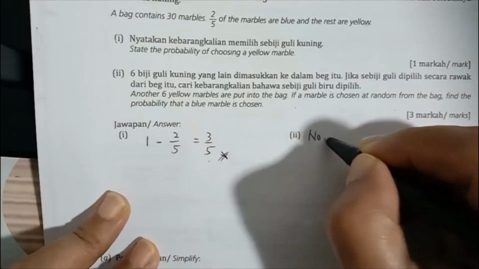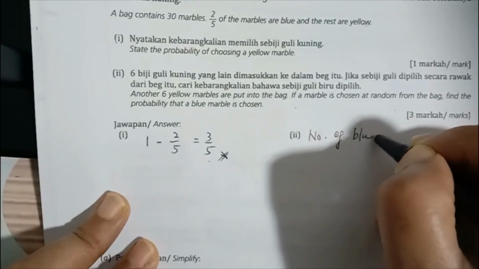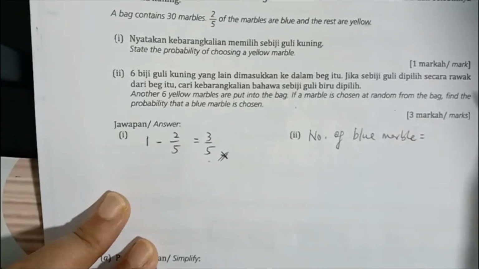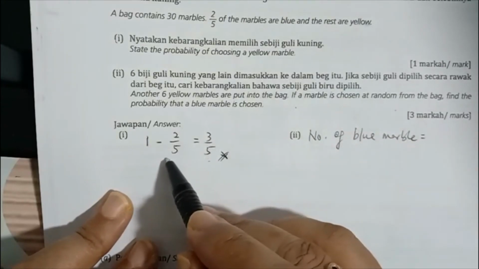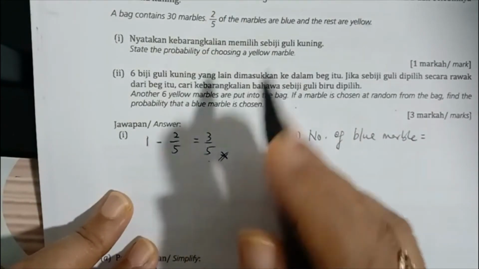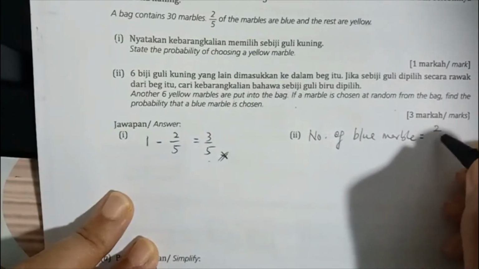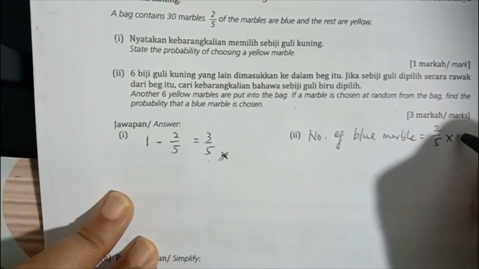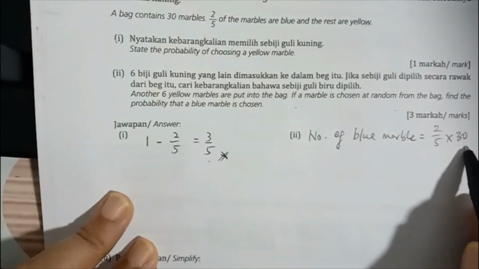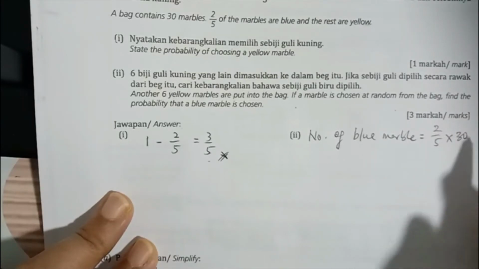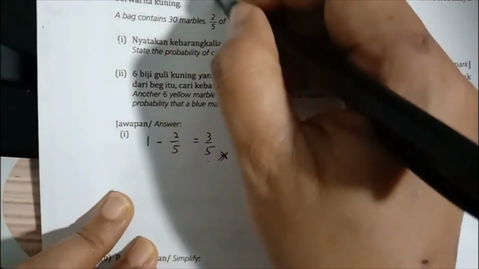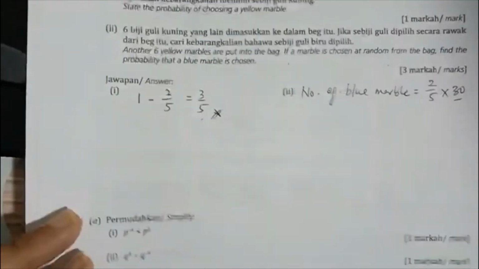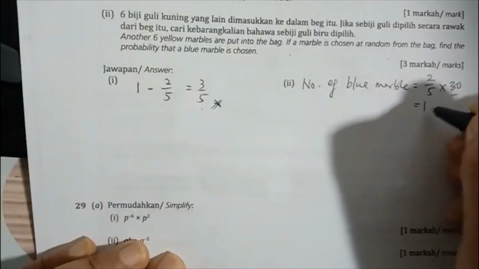Number of blue marble equals to what? 2 over 5 is blue. So 2 over 5 times 30. Because initially, before add in the yellow, it's 30 total. Okay, so you dapat ialah 12.